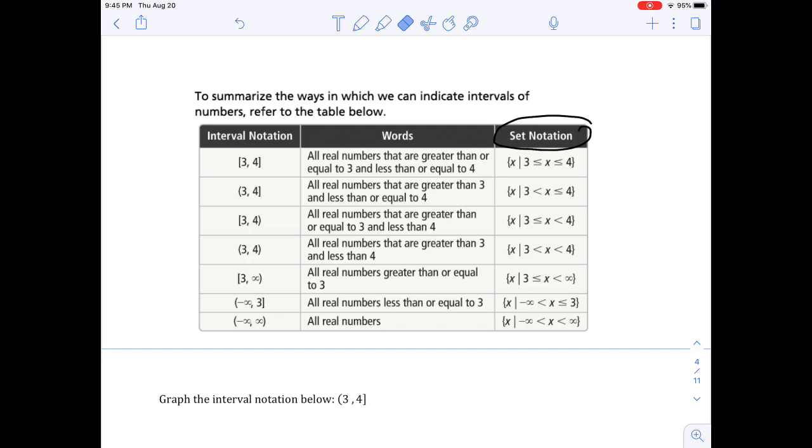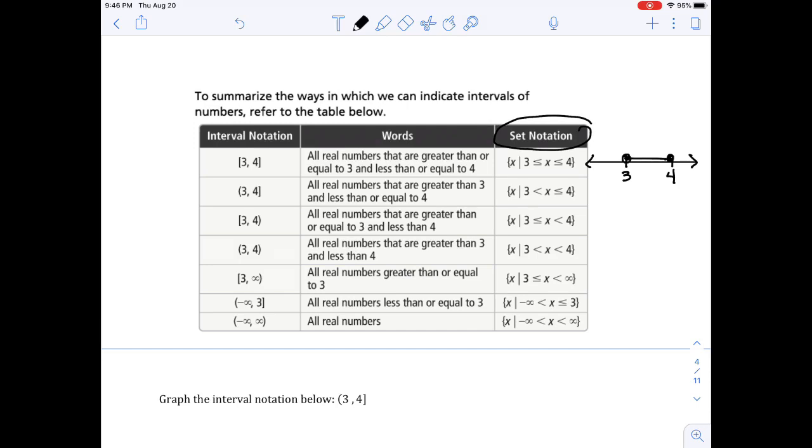If you wanted to look at that visually on a number line, like what does this look like on a number line? That is everything between 3 and 4, including 3 and 4. And so now you can see what that interval notation looks like in its number line form. And we have lots of different ways we can express our interval notation depending on whether we use a square bracket or a rounded bracket, and also depending on whether we're using infinity or negative infinity.